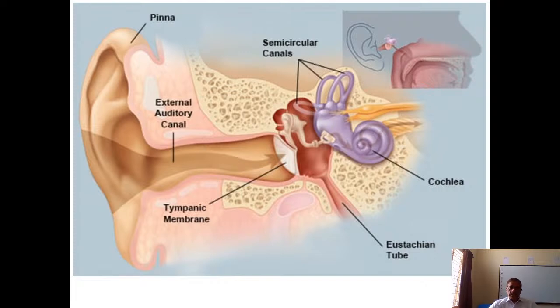And in these fluids, as I said, there are three chambers which are separated by two membranes. One is the Reisner's membrane, and the other one is the tectorial membrane. So the tectorial membrane, on which the organ of Corti is there, with its sensory hair cells, which receive the vibrations which are transmitted from the air to the fluid, the scala vestibuli, scala tympani, and the scala media.